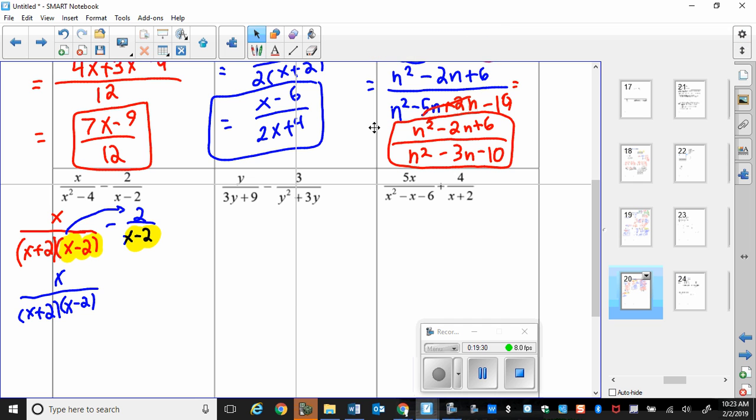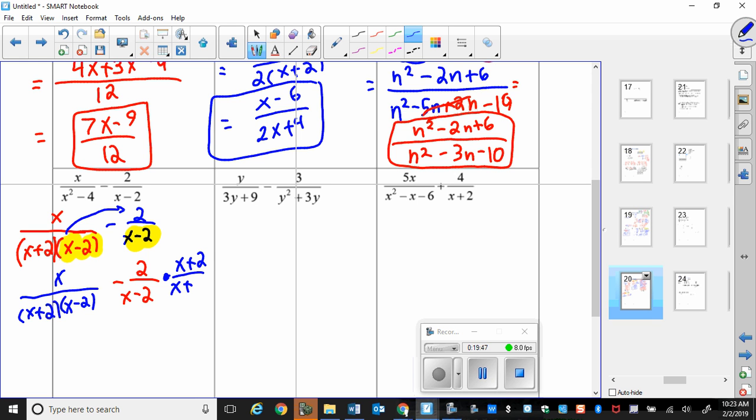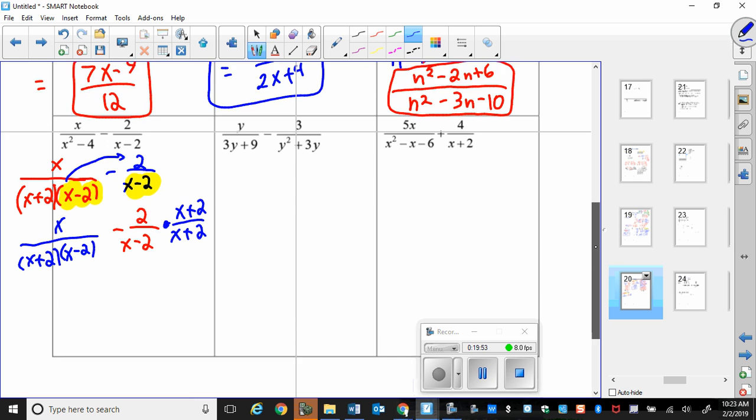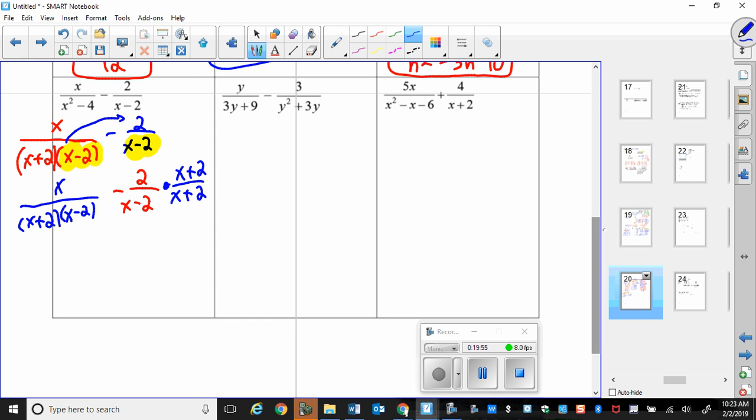But on the right, I have negative 2 over x minus 2. And what I'm lacking is the x plus 2 at the bottom. So I create the fraction so that what I do to the bottom, I do it to the top. All right? So the only thing that should be changing here is the right side of this rational.